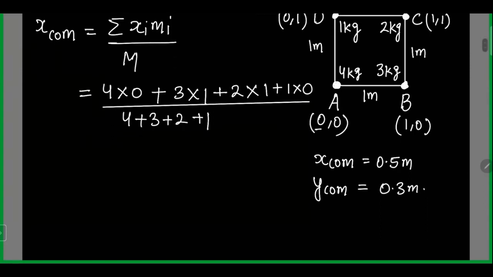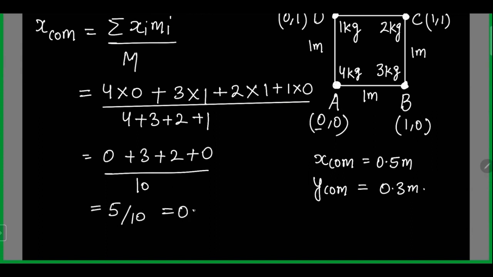Let's solve this. You will get 0 plus 3 plus 2 plus 0 divided by 10, so 5 by 10, which is 0.5 meter.